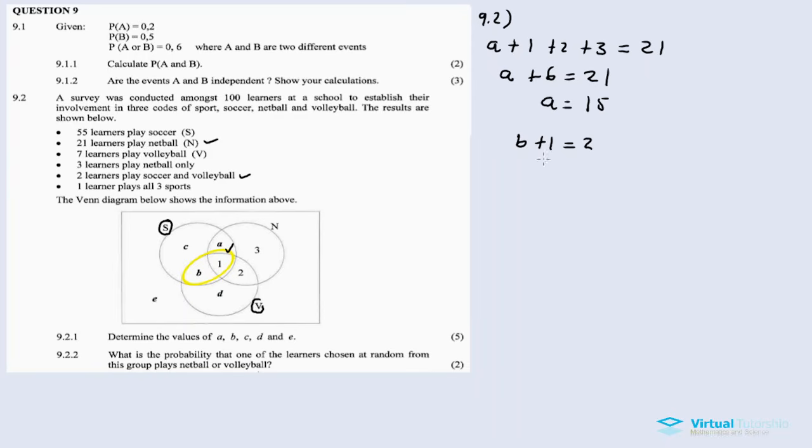So we can calculate B now. B is equal to 2 minus 1 is 1. B is equal to 1. Now I have the value of B. Now I can go ahead and calculate C.